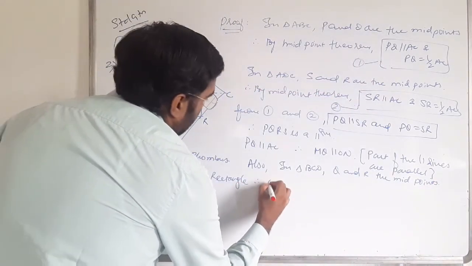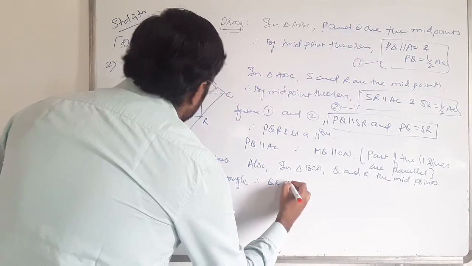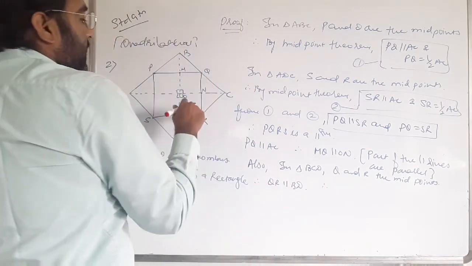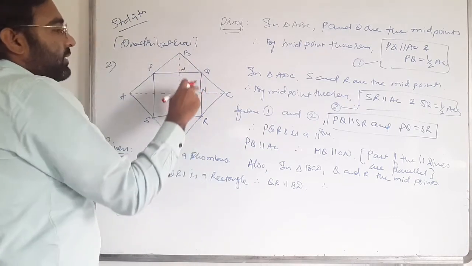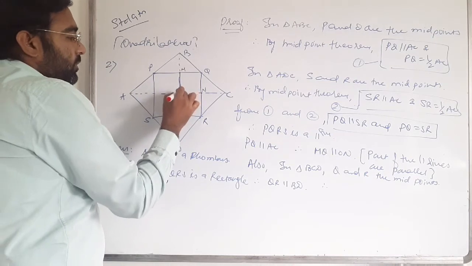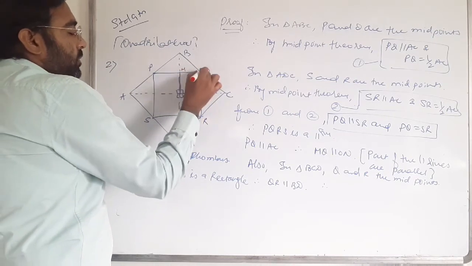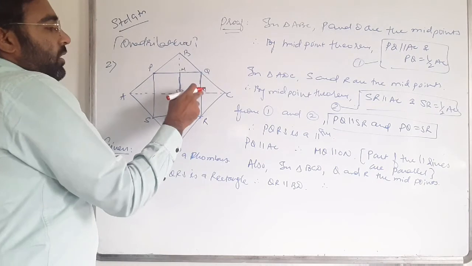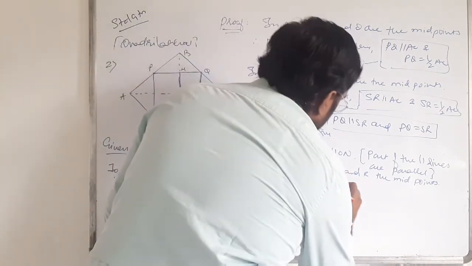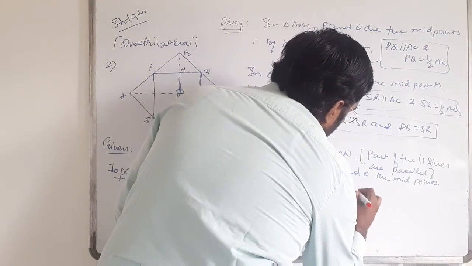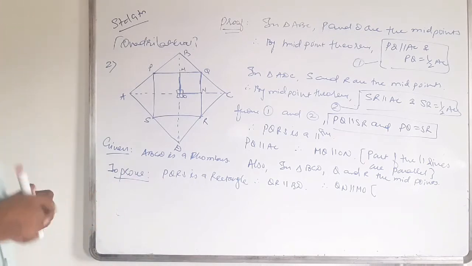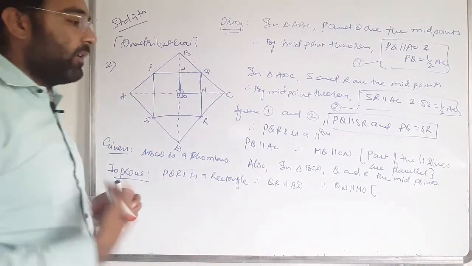Therefore QR is parallel to BD, and therefore QN is parallel to MO, because parts of parallel lines are parallel.